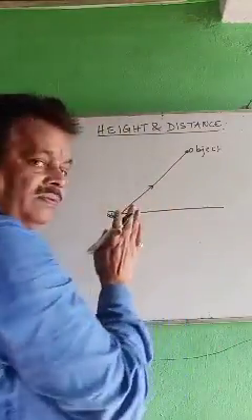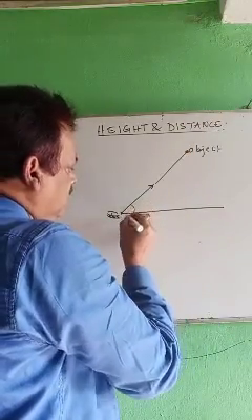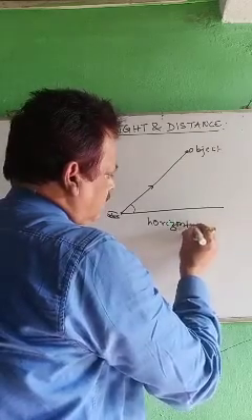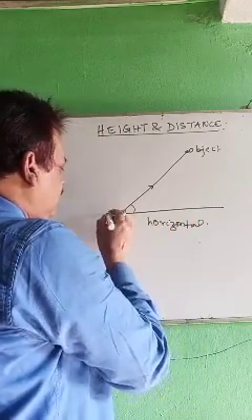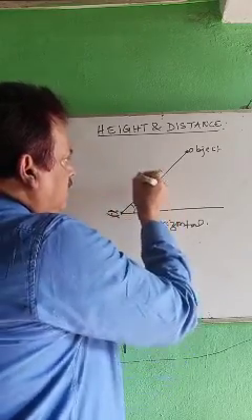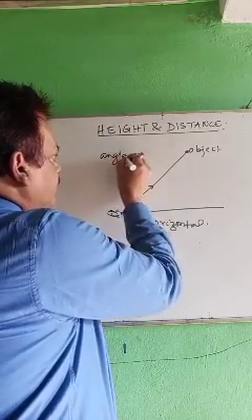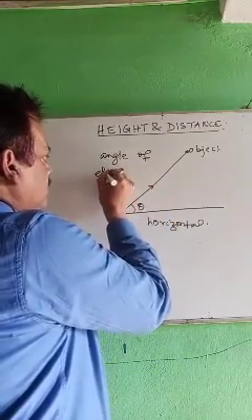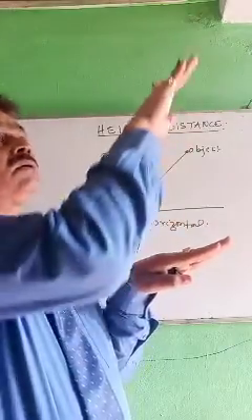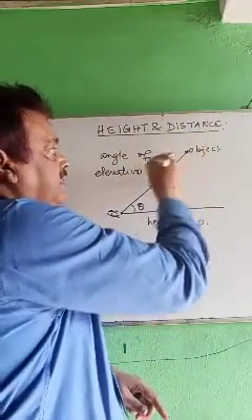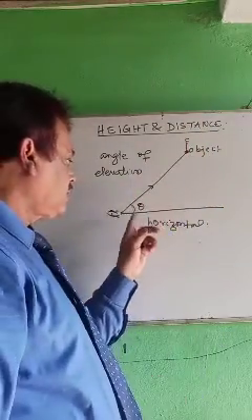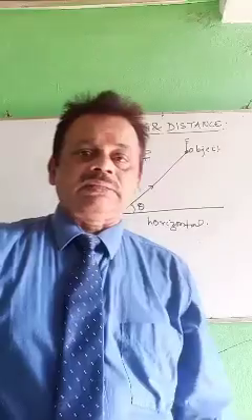When you look up, the angle made with the horizontal line is called the angle of elevation. It means from the horizontal line you are looking up. Suppose there is a flag here. If you are looking at the flag, this angle is called the angle of elevation.